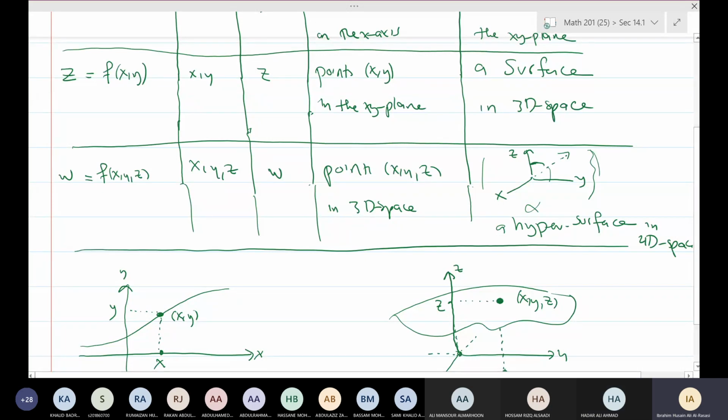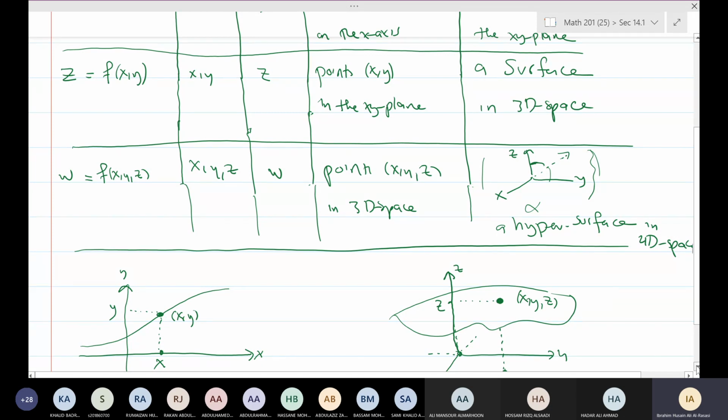If you can do something by computer, then you can do at least part of it in our world. A hypersurface means a surface in a higher dimensional space. Hyper means higher. So in this case, we cannot ask you to graph, because you cannot graph functions of 4 variables.